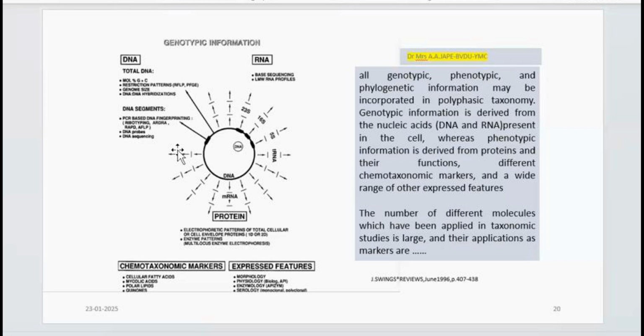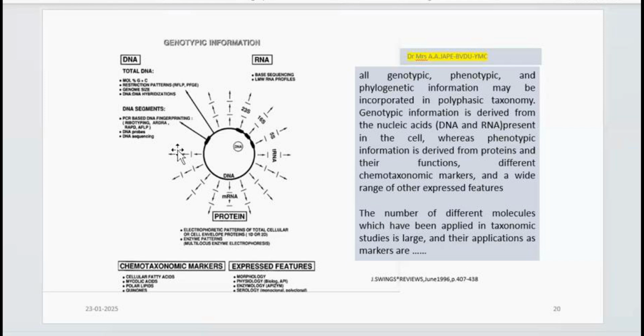So new molecular techniques focus on comparative study of rRNA molecules, but indirect comparison by hybridization studies, I repeat, indirect comparison by hybridization studies is one method.